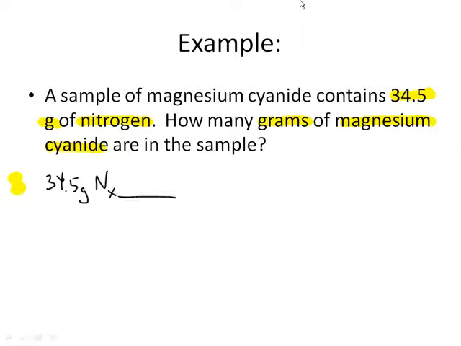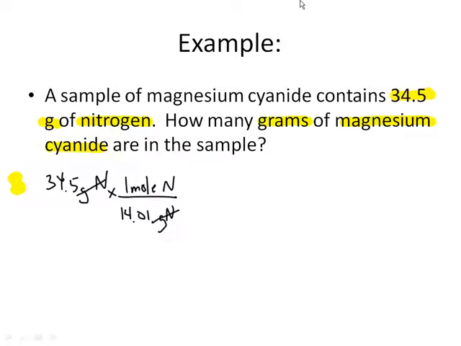And I know that the only way I can get out of grams of anything is to use its molar mass. So I go to my periodic table and see that nitrogen has a molar mass of 14.01 grams per 1 mole of nitrogen. So grams of nitrogen disappear, and I have moles of nitrogen now.